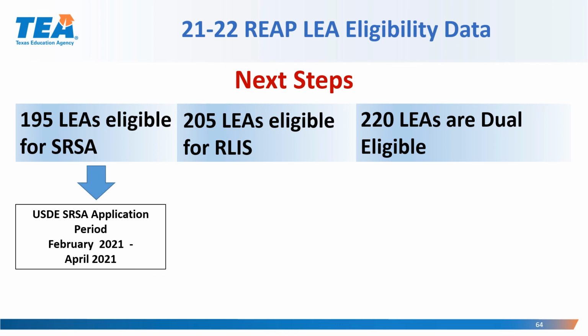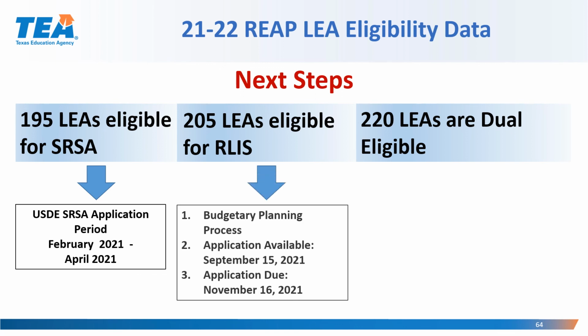Otherwise, if they're dual eligible, and we will talk more about that, they can still apply for RLIS. So what are some of the next steps for RLIS? They need to start the budgetary planning process right now. The application will become available on September 15, 2021, and the application due date is November 16, 2021.